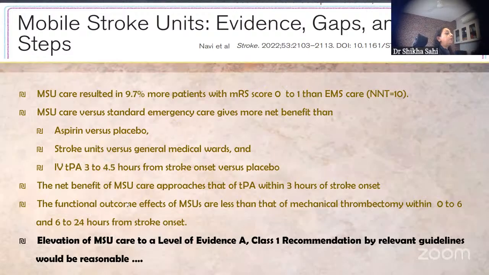They had better outcomes, and their benefit was nearly that of when the TPA was given within 3 hours of onset. And the investigators working on this recommended that the level of evidence for this should be upgraded to level 1A.